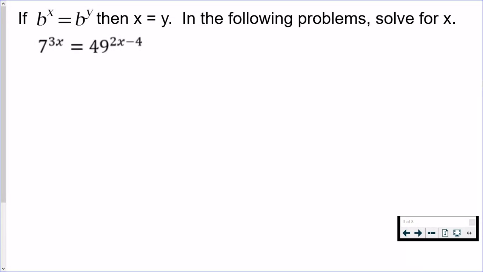So I'm going to rewrite 49 as 7 squared.